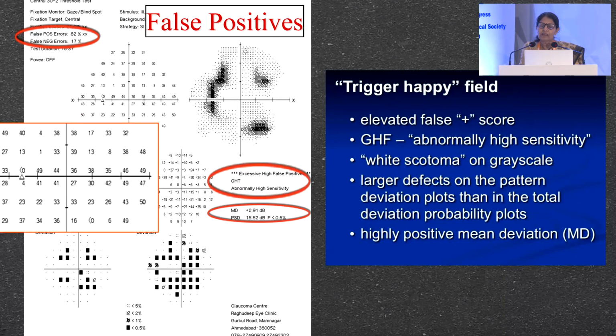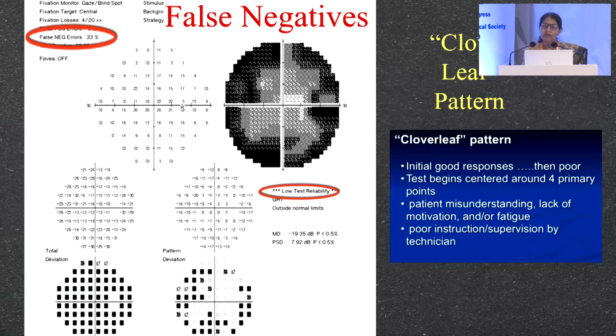The false positive defect is seen with the trigger-happy patient. It gives you elevated false positive signs, and the GHT, glaucoma hemifield test, will show abnormally high sensitivity. So it will be seen as a white scotoma on the grayscale, and a high positive mean defect is also seen here.